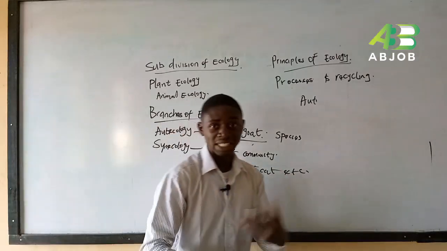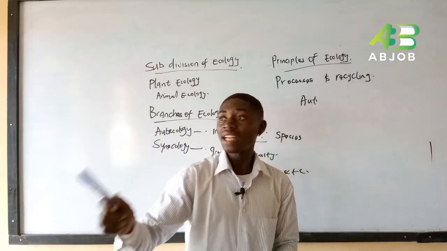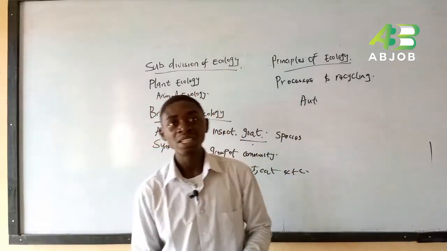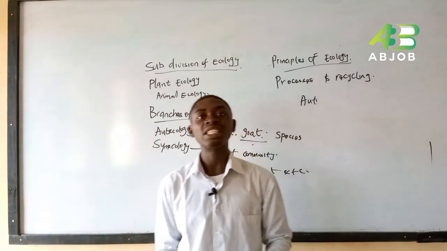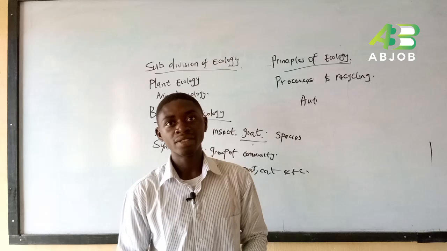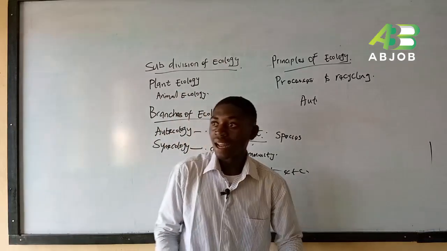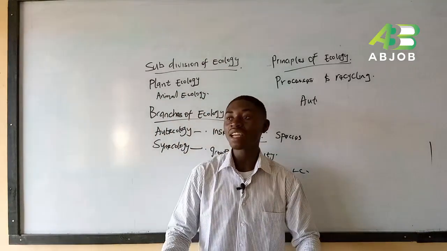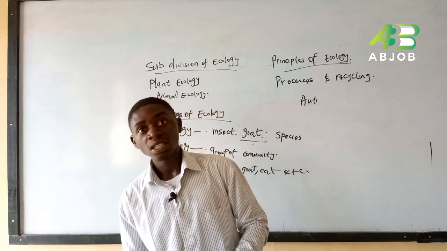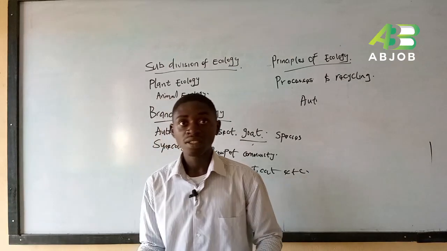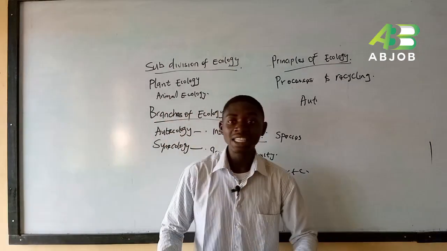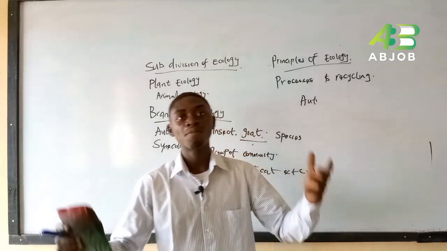Now, it's a process that is recycling. And don't forget, when they are feeding on plants, some of the plants will die off, thereby releasing some of the nutrients into the soil, and another plant will grow. And plants, when they die and decay, release nutrients to the soil, in which it will serve as compost manure to the soil, thereby aiding the growth of plants.